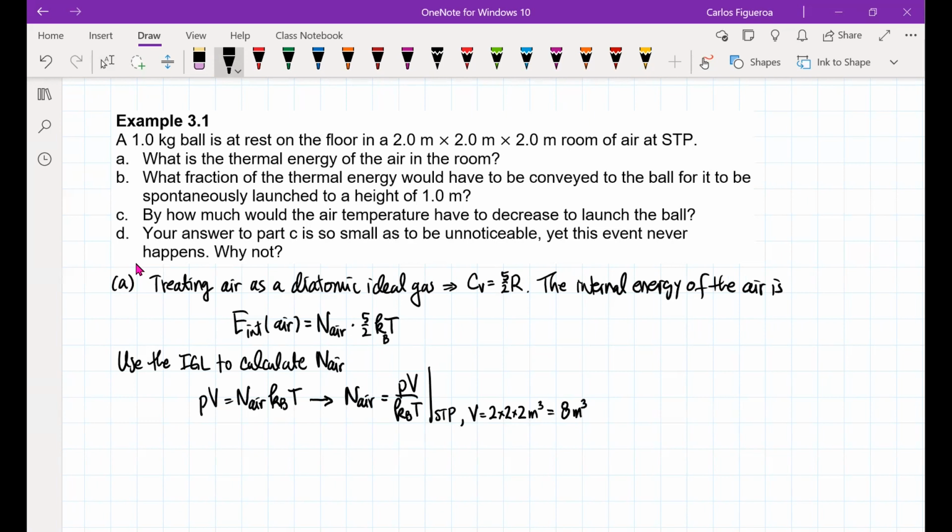Now if I just substitute everything in, I'm really looking at a box or a room that looks something like this. So if I look at my box, this is at standard pressure and temperature, and each of these dimensions is 2 meters.